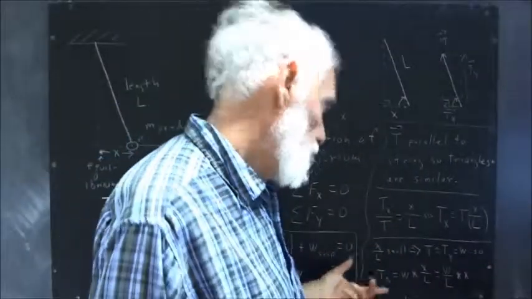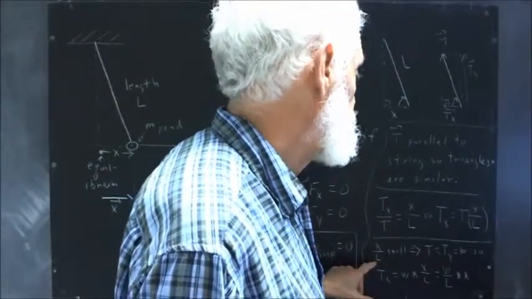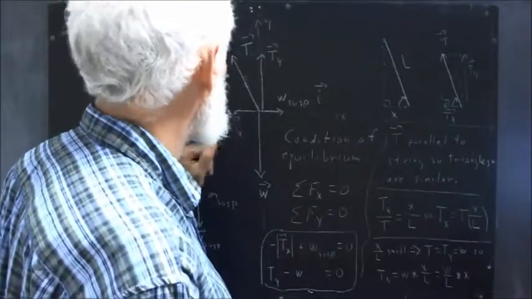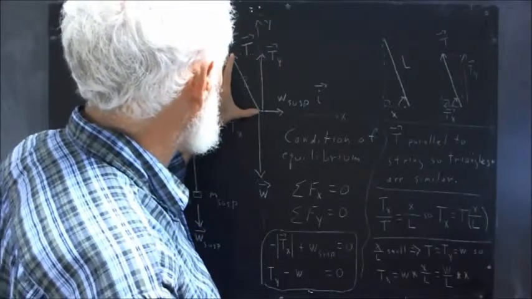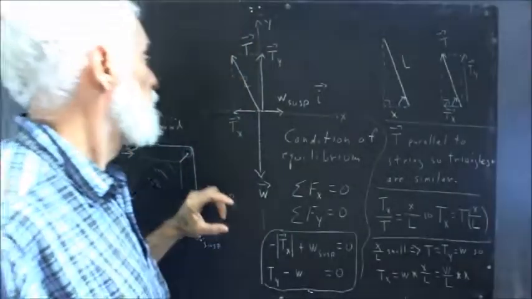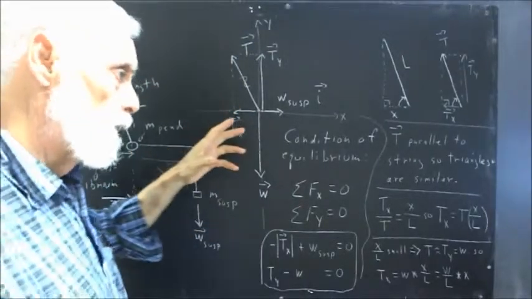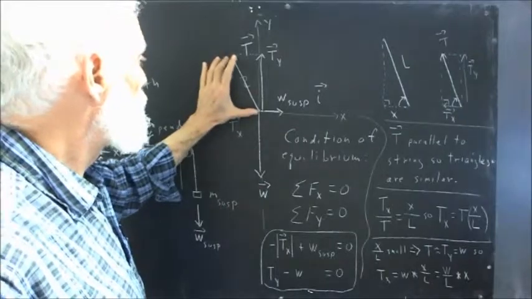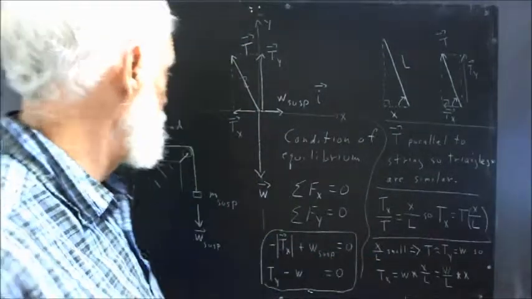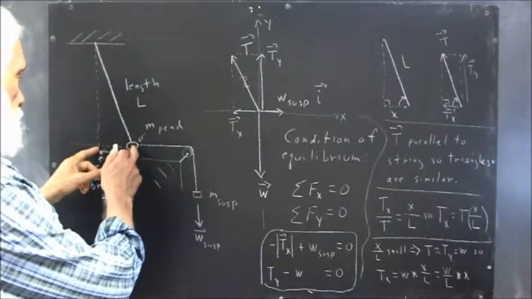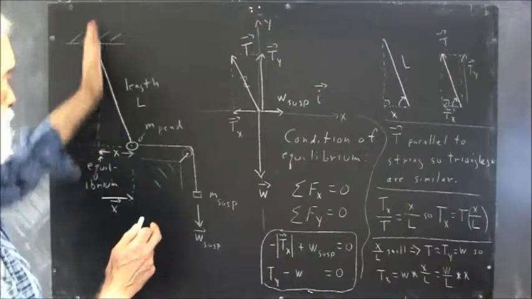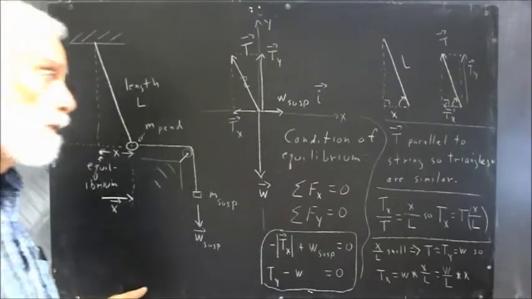Now, another thing, if x over L is small, then the tension vector is close to the y-axis, and there's not much difference between the length of the tension vector and the length of its y component. This vector is going to be very close to the y-axis if x is very much smaller than L, because if x is a lot smaller than L, the string is fairly close to vertical.